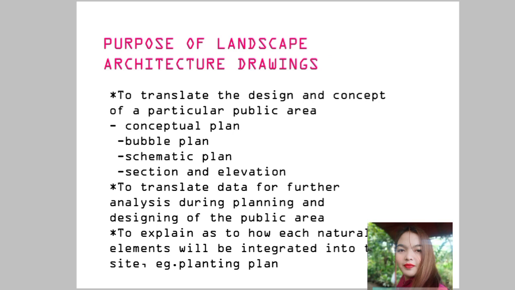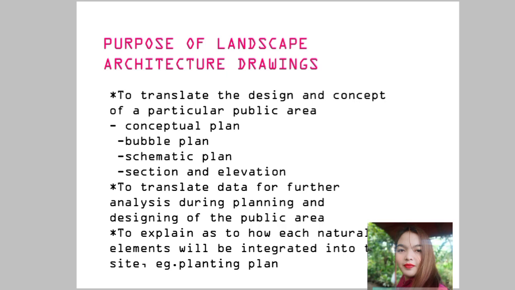So the purpose of landscape architecture drawings is to translate the design and concept of a particular public area, which is your concept plan, your bubble plan, your schematic plan, and section and elevation. It is also to translate data for further analysis during planning and designing of the public area, and to explain how natural elements will be integrated into the site.